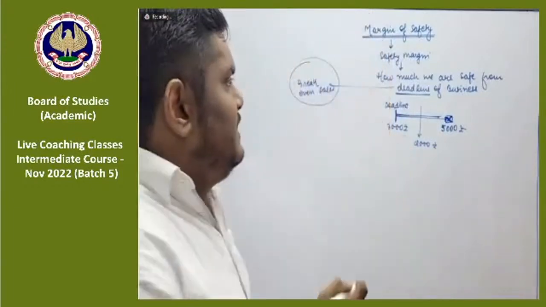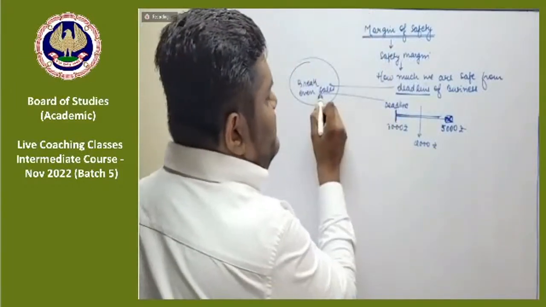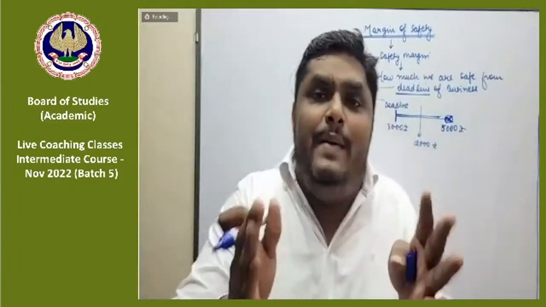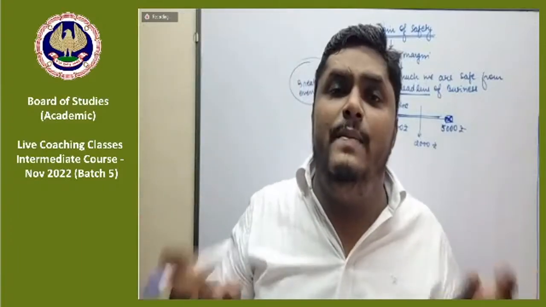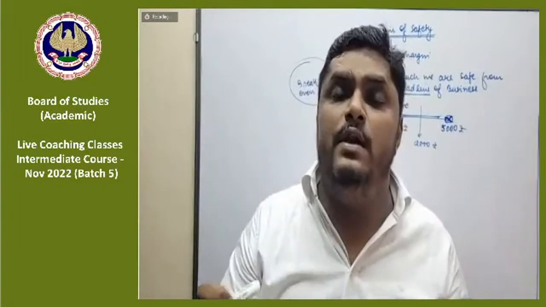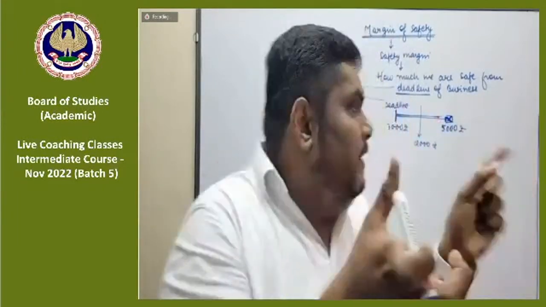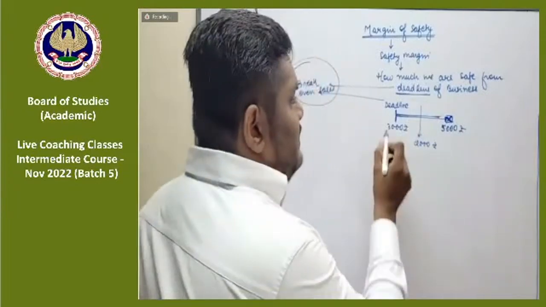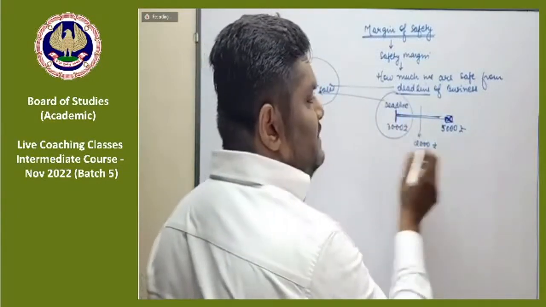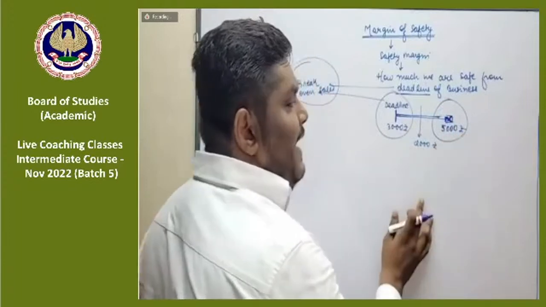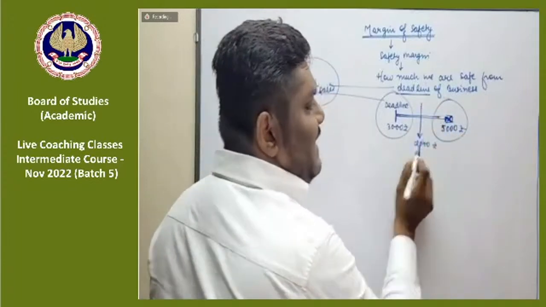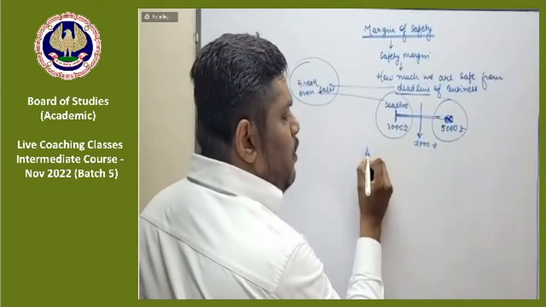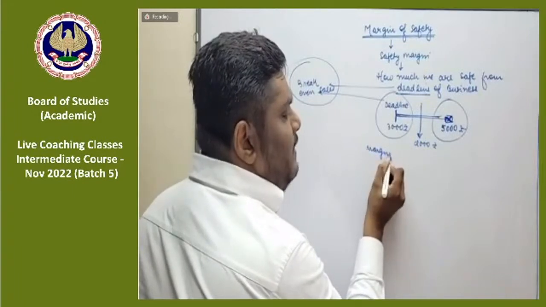So this 3,000 deadline is my break-even sales. Currently, what is my sales? 5,000. So how much safe am I? Very simple, 2,000. So in short, this deadline is my break-even sales and this 5,000 is my actual sales. So how much safe am I? 2,000.